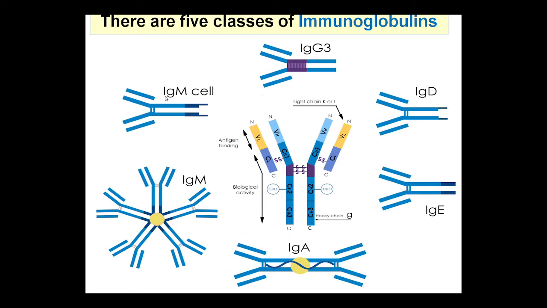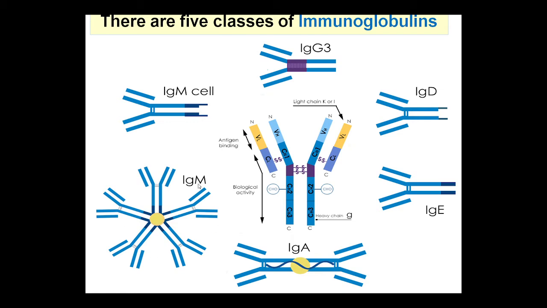On the left, upper part, you see a monomeric structure of immunoglobulin M. C fragments of this immunoglobulin M differ from the G, of course; they have portions that bind monomeric immunoglobulin M to the membrane of the B lymphocyte, and monomeric immunoglobulin M serves as the antigen receptor for B cells.